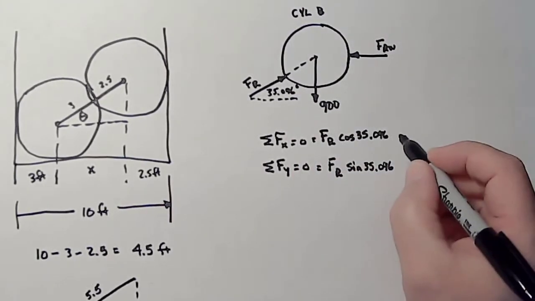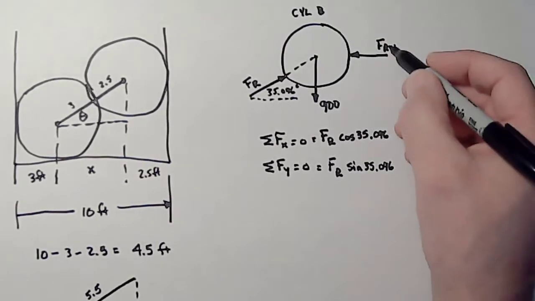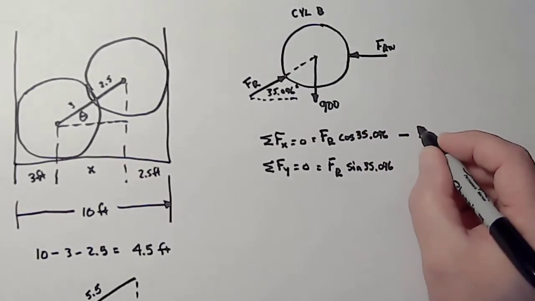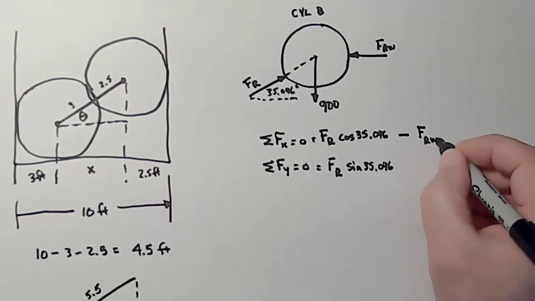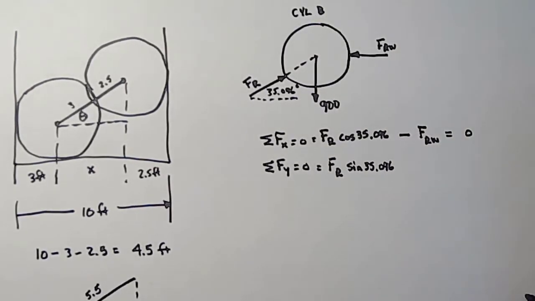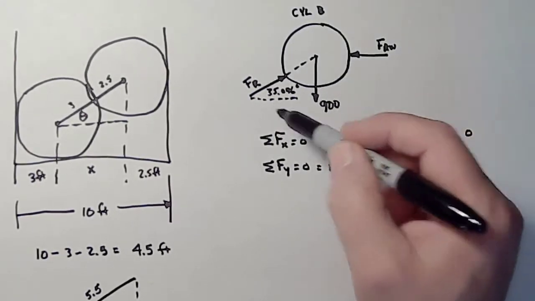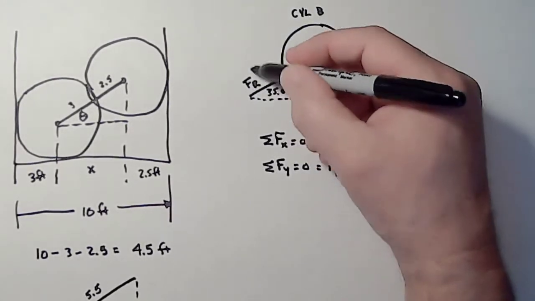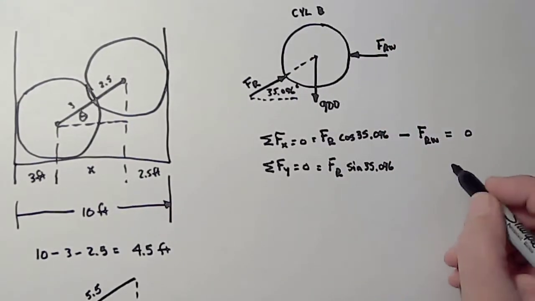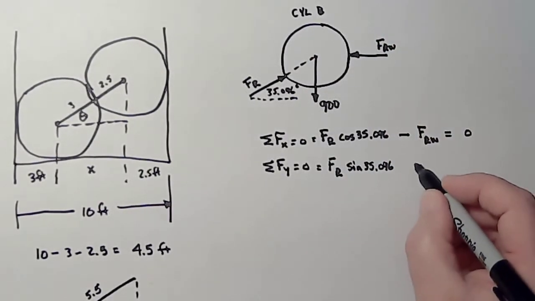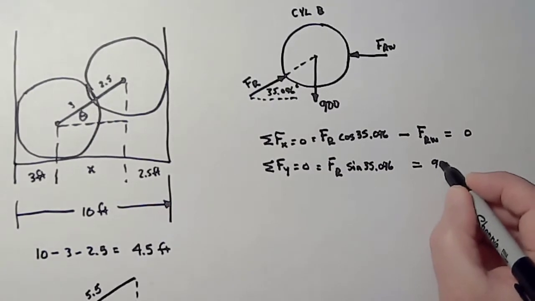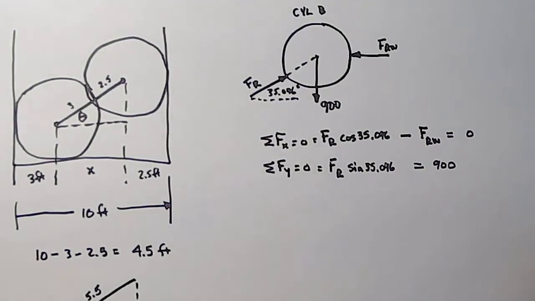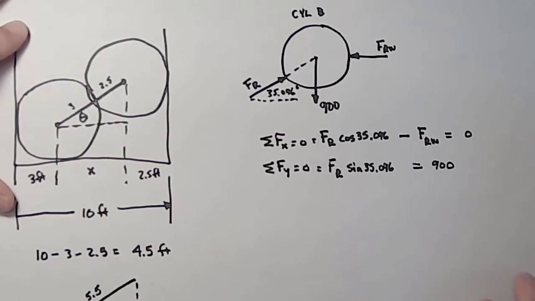If I look at the x forces, the only other x force is minus F right wall. If I sum those up, they equal 0. The only other vertical force is 900, pointing straight down. So I have one force going up and one force going down, so I can immediately solve for the roller force.